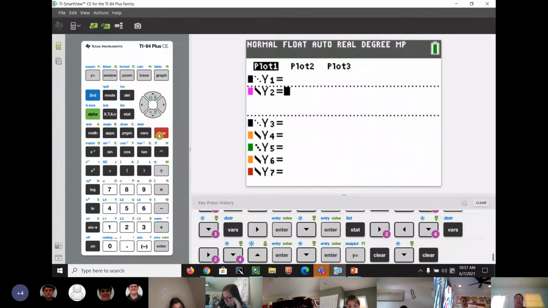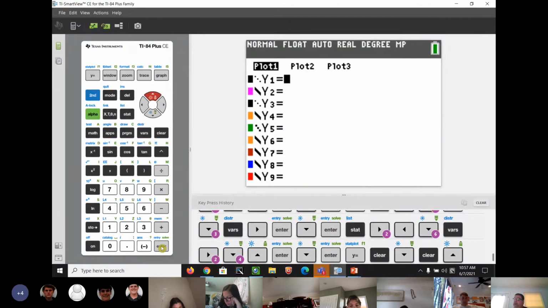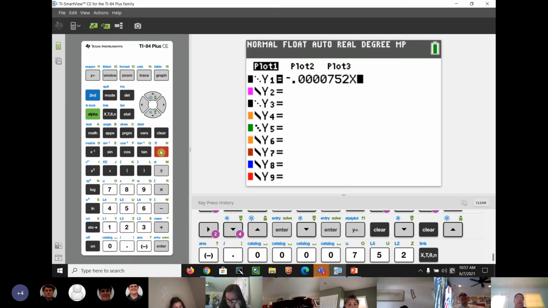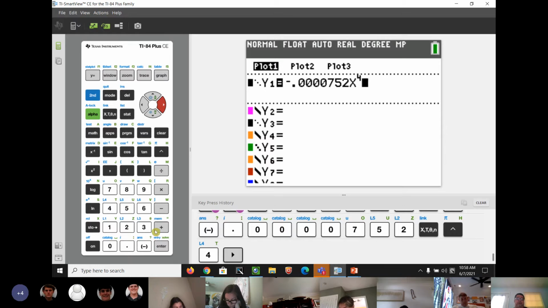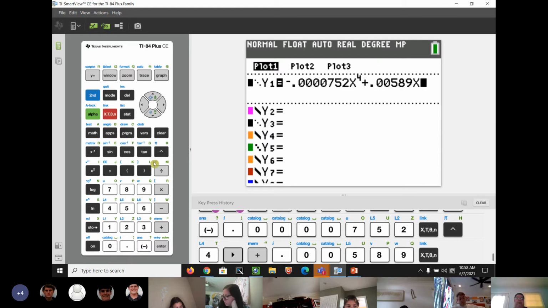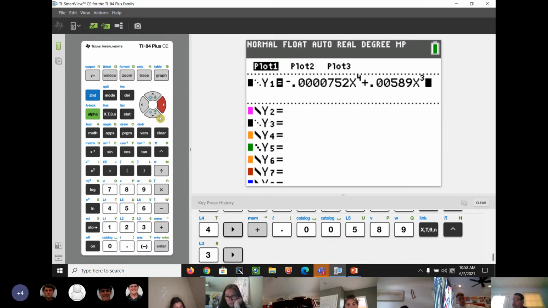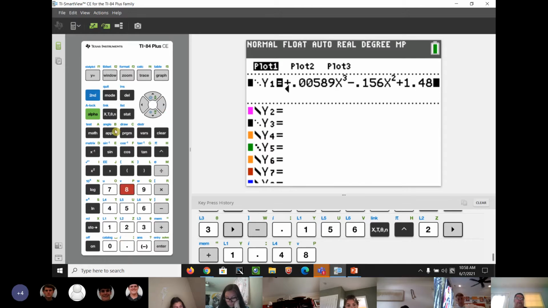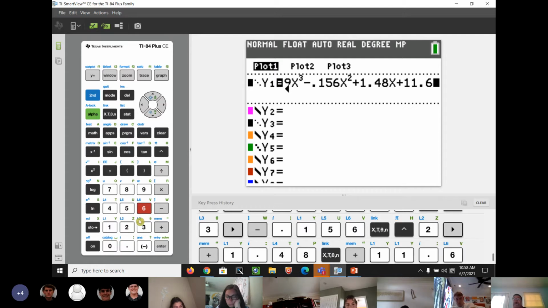Negative 0.0000752 x to the fourth, plus 0.00589 x to the third, minus 0.156 x squared, plus 1.48 x, plus 11.6. Of course, we know that the Y-intercept is 11.6.